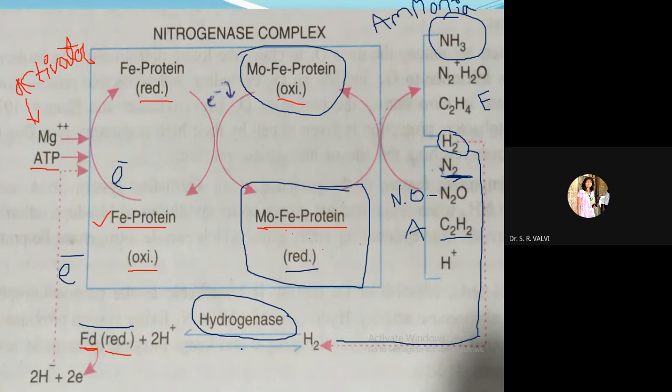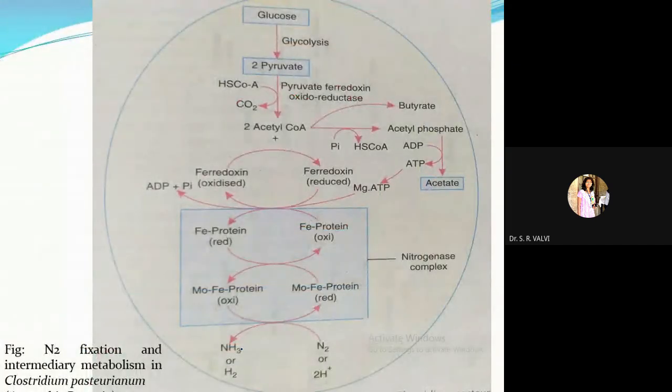Now come to the next actual reaction. See here, I have given this nitrogen fixation in Clostridium pastorianum. Clostridium pastorianum is an obligate anaerobic bacterium. So anaerobic is nothing but what?